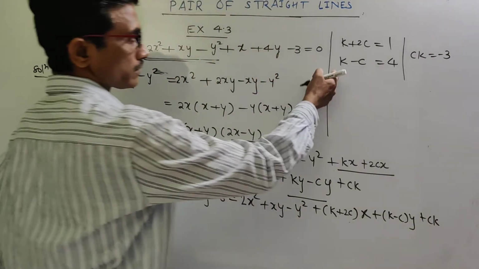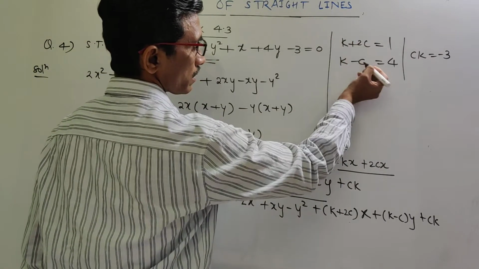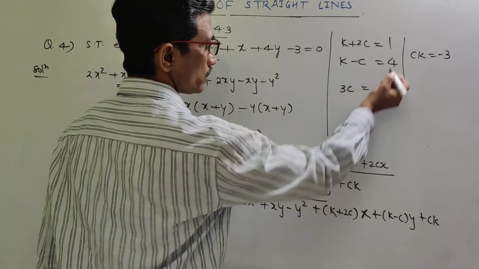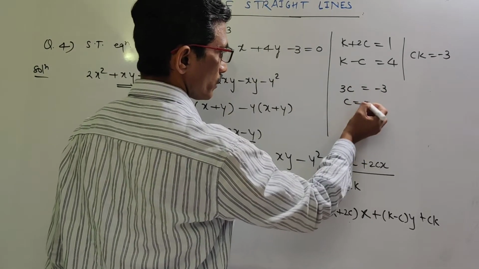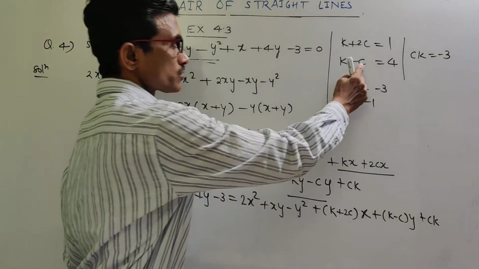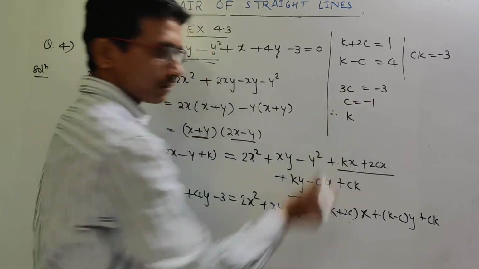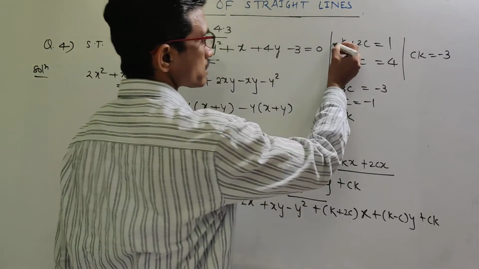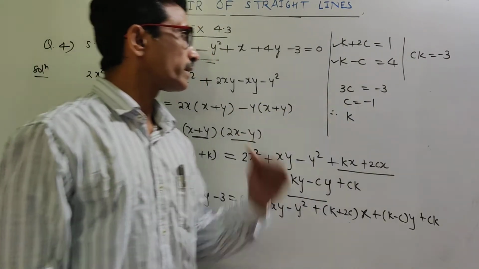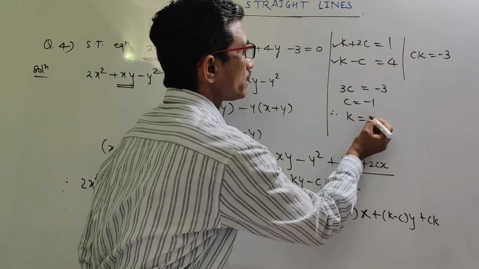So we solve it. Subtracting, k will get cancelled and it will be 3c, which is equal to minus 3, and c will be equal to minus 1. Then c is minus 1, so solving these two equations, k will be equal to 3.